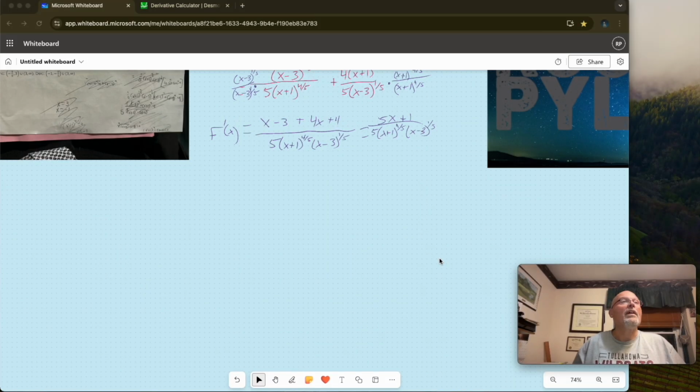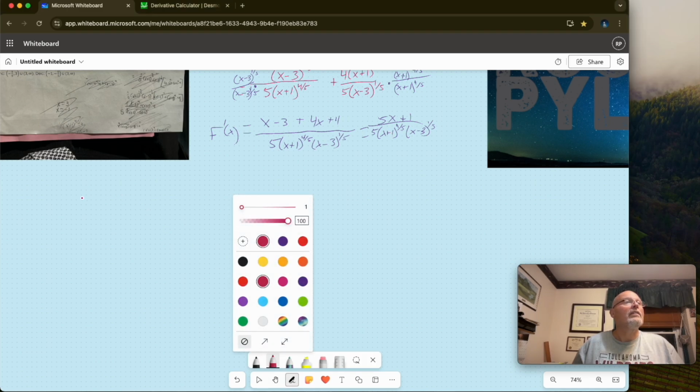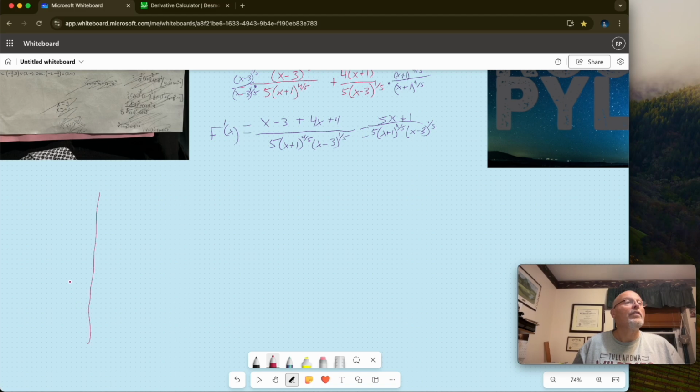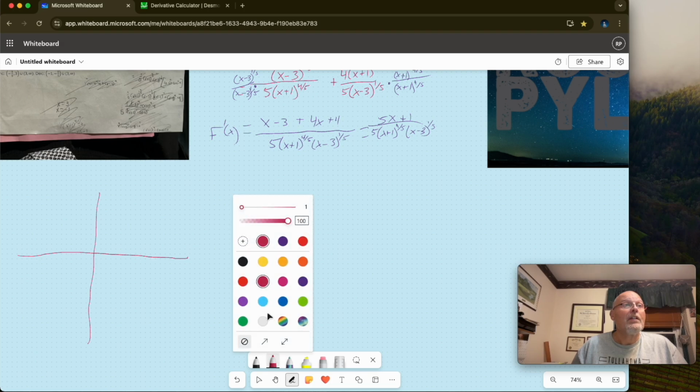Next thing we want to do after we've found the derivative is figure out what the behavior of the derivative is, and wherever it is negative will be our decreasing slope, and wherever it is positive, it'll be our increasing slope. So we've got some critical spots. We want to find where the derivative is 0, so that's where the numerator is going to be 0.